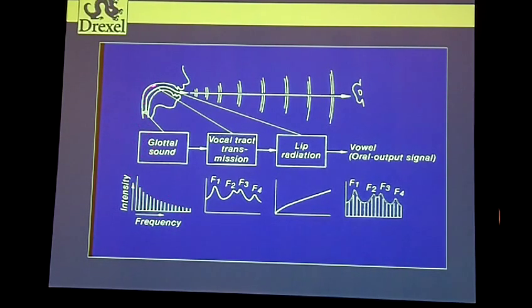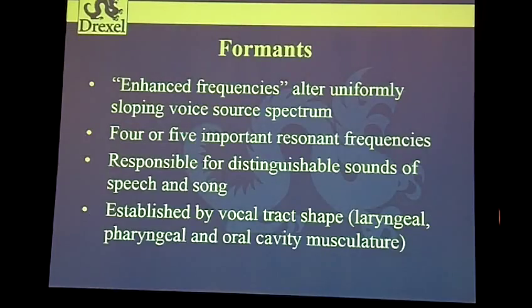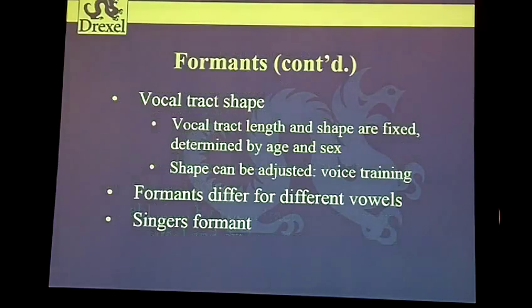We then run it through our system of infinitely variable interconnected resonators, and when it comes out, instead of being boring, it looks like a nice Pocono mountain range. The peaks in this range are called formants, and those formants are responsible for several things, including vowel intelligibility and what we call ring, whether it's in speech or in song.